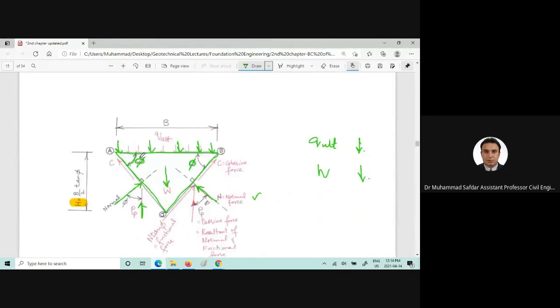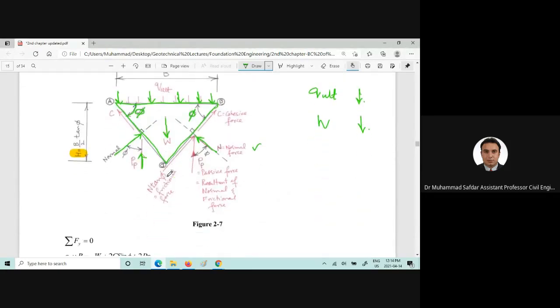If we bring it here, this is the passive pressure, here is the friction angle, again passive pressure on the right side of the wedge, and this angle is the friction angle.